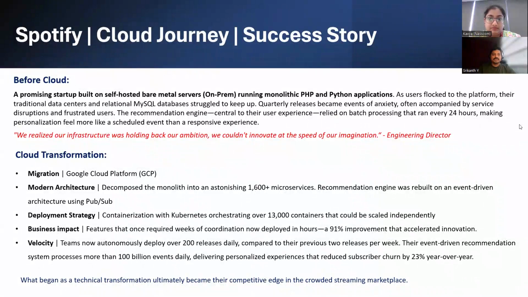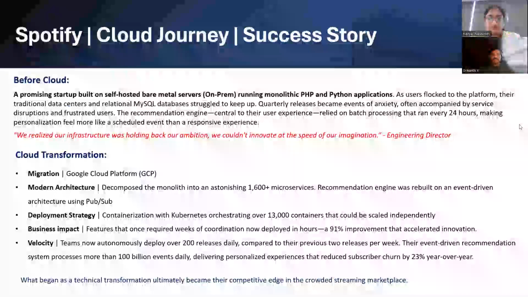If you want to give control to the recommendation engine of Spotify, it takes control and gives you the right recommendation of the next song, the genre that you would be interested in, or the podcast, the subjects and the areas that you want to hear more about. Whereas earlier, it all relied on batch processing that ran every 24 hours. That means imagine you listen to a song today, and a similar song would be played tomorrow for you. That is how bad it used to be.